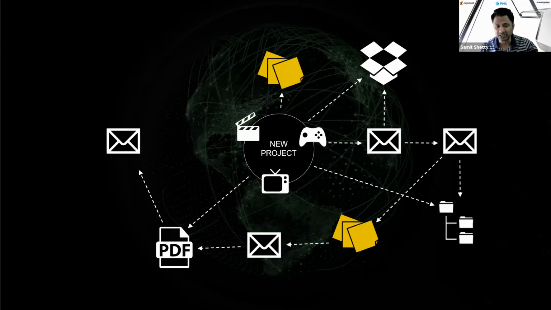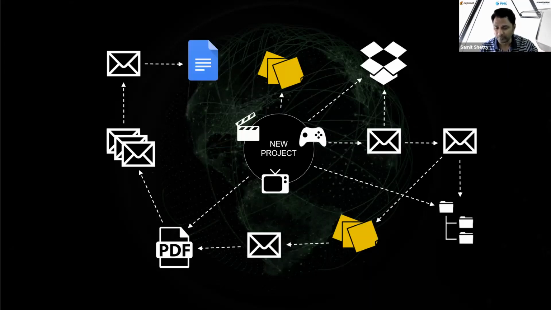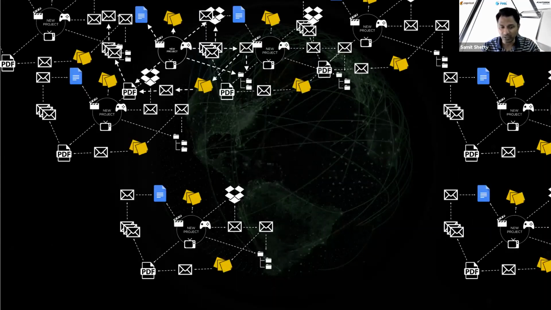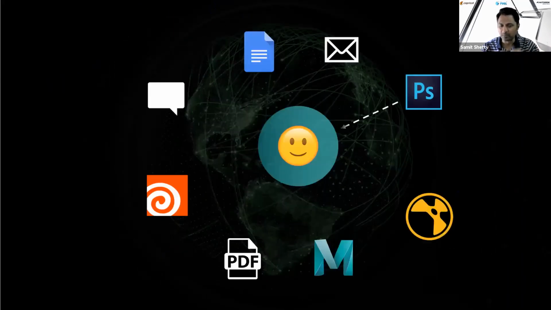And as you see, this is just one project workflow. As I said, we don't just work on one project at a time. Everyone tries to get as many projects as possible, and it's so easy to get lost in a chaotic world where you have multiple projects, multiple emails, sticky notes all going across.